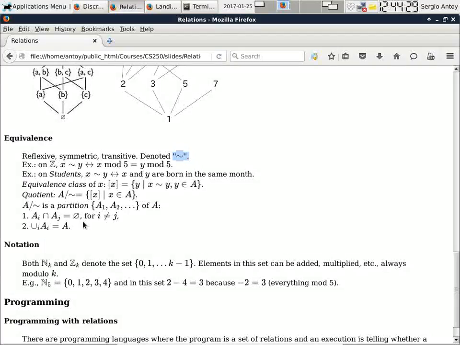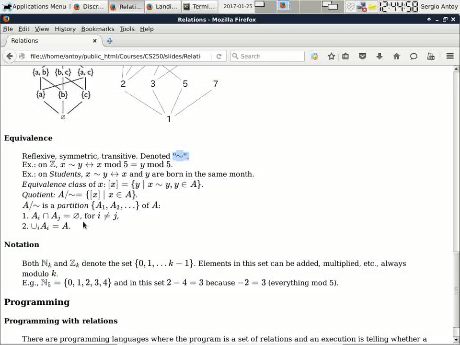Who can tell me elements that are equivalent to 1? All right, someone said 6. I would have expected first 1, but 6 is good as well. Who can tell me some elements that are equivalent to 6? 26?